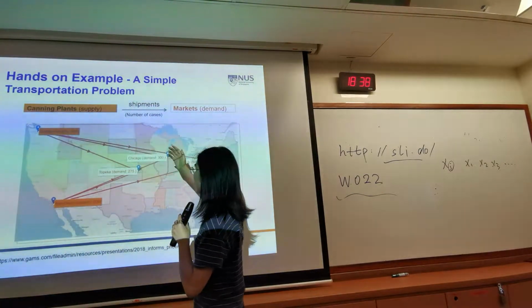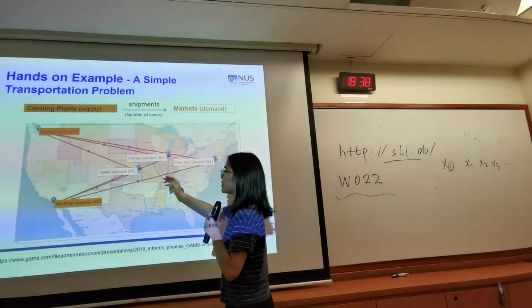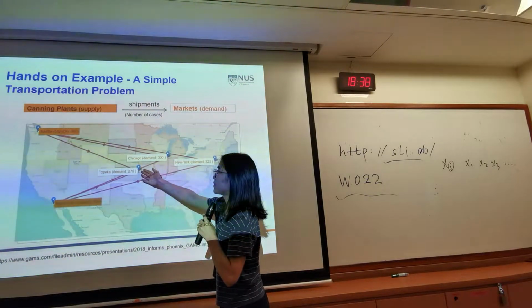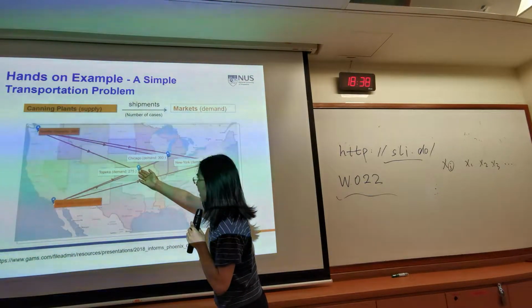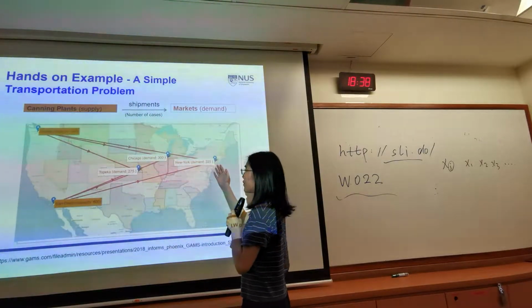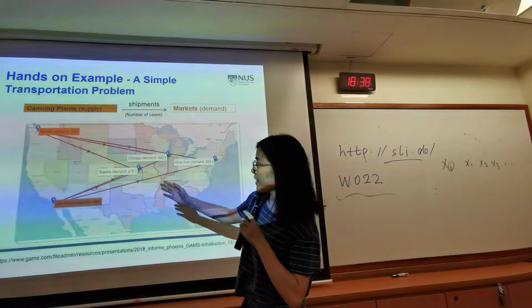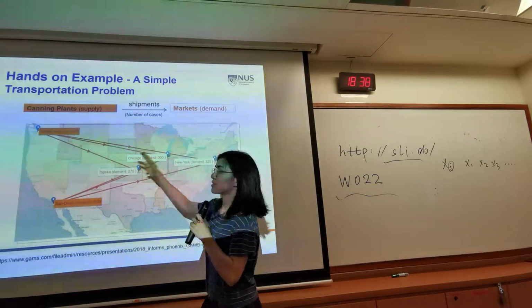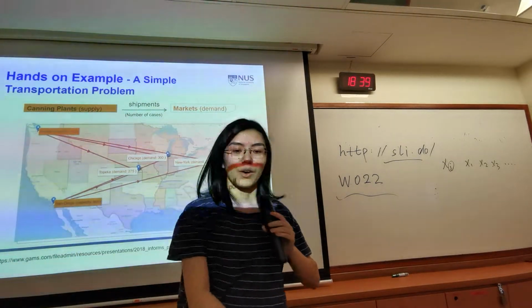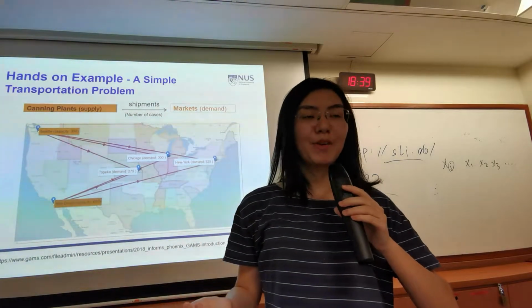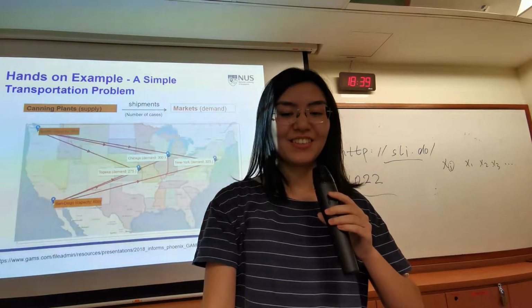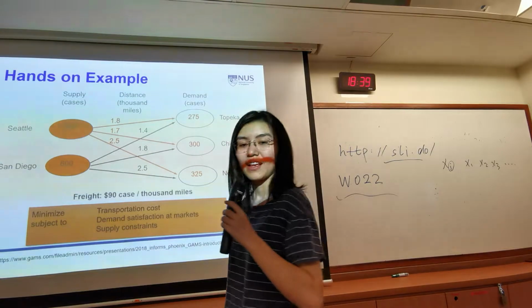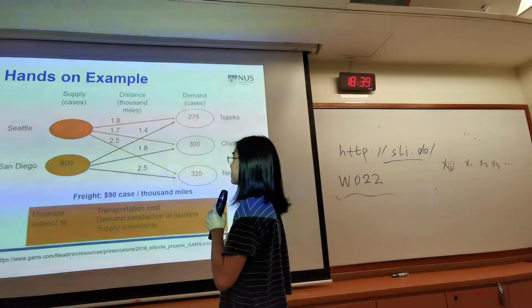And these cases need to be transported to the demand sites, which are Topeka, Chicago, and New York. So there can be different supply-demand links. Which one is the optimal one? We can solve it using optimization.